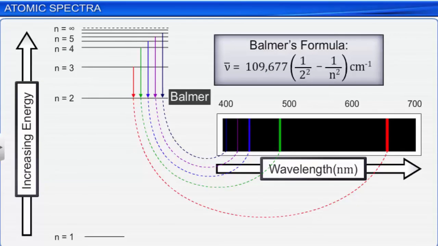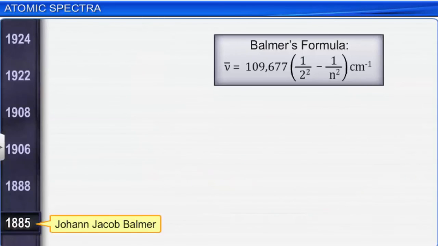If spectral lines are expressed in terms of wave number, then the visible lines of the hydrogen spectrum obey the formula: wave number ν̄ = 109,677 × (1/2² − 1/n²) per centimeter. Here n is an integer equal to 3, 4, 5, etc.